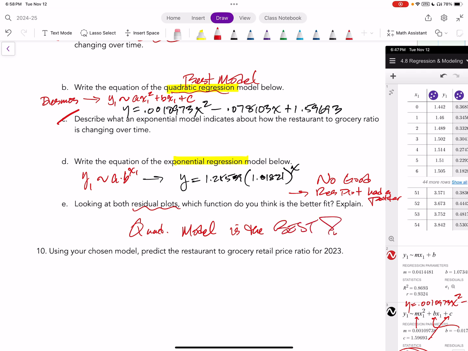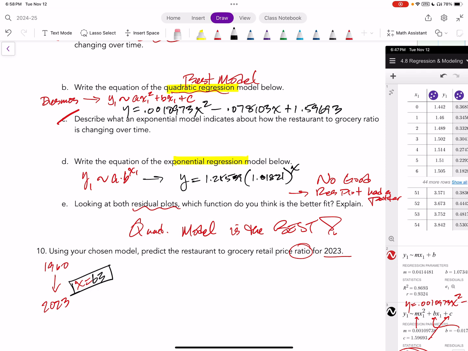All right, using your chosen model, predict the retail price ratio for 2023. So we're going from 1960 to 2023. So how many years passed? We just need to subtract, right? So that's 63 years passed. So x equals 63.